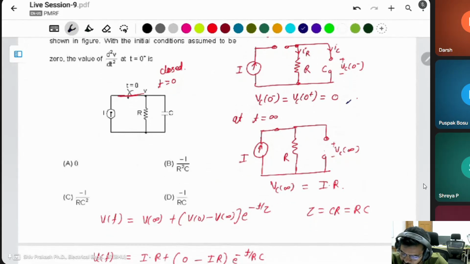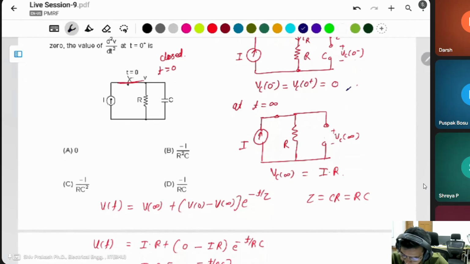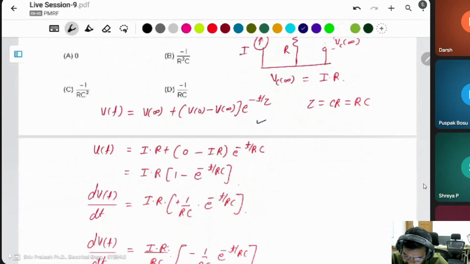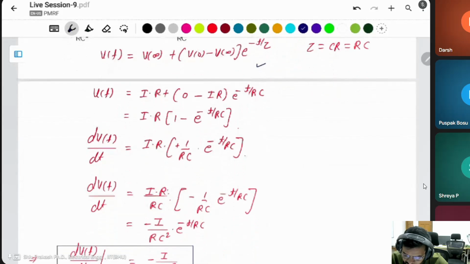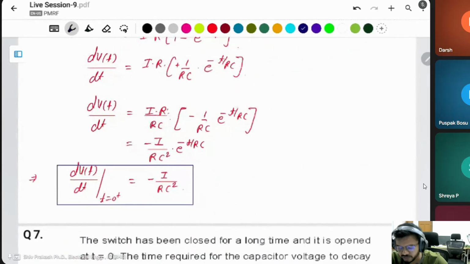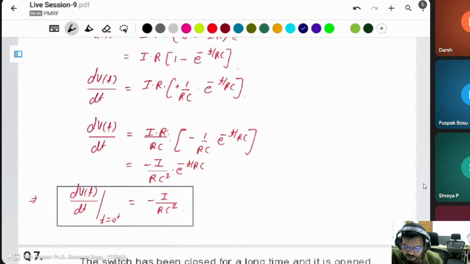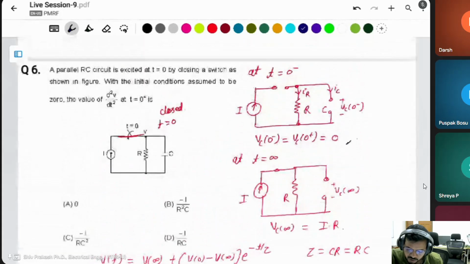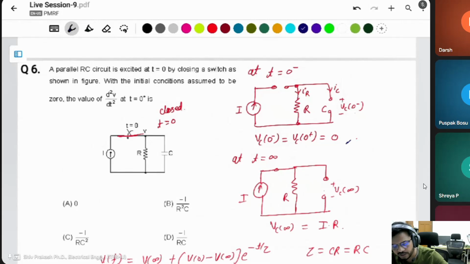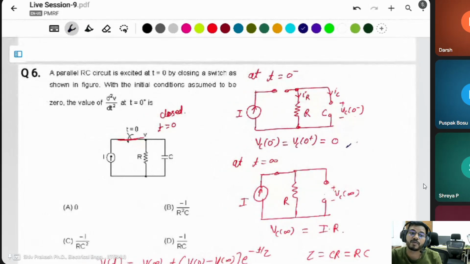Then you have to find the final value, which is IR. Then apply the formula, find the V(t), then differentiate 2 times and put the value t is equal to 0. Because it is asking about t is equal to 0 plus and 0 is the same thing, because the voltage is not changed across the capacitor.